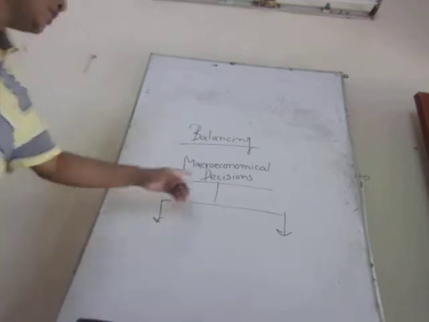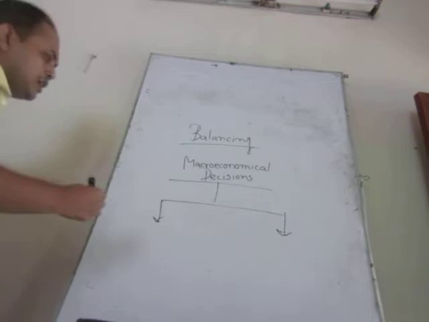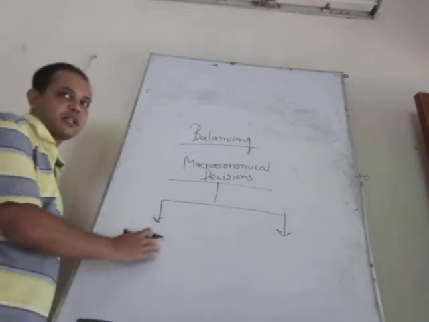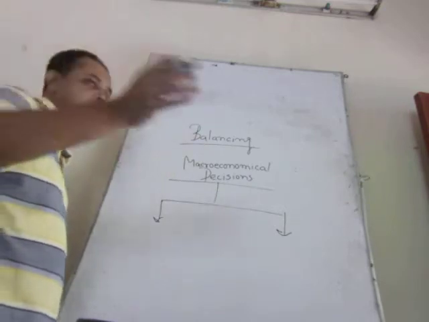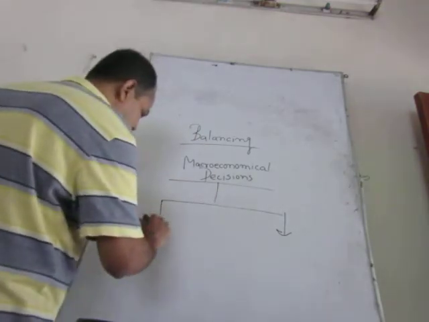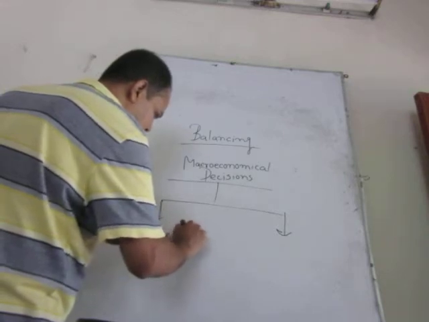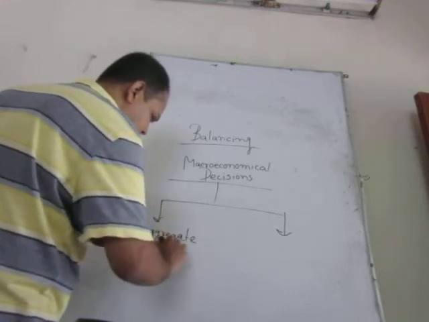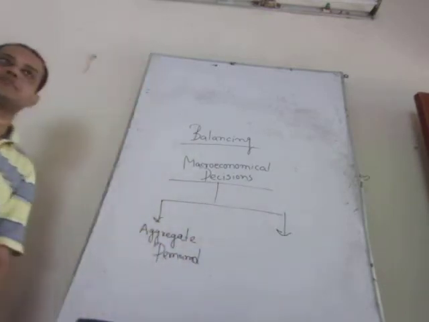So that's why in macroeconomic decisions, government initially has to make some policy to maintain aggregate demand.